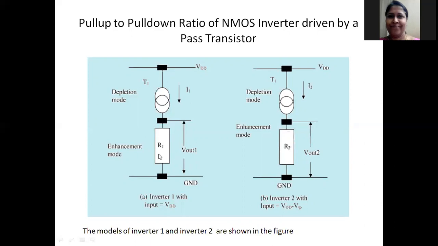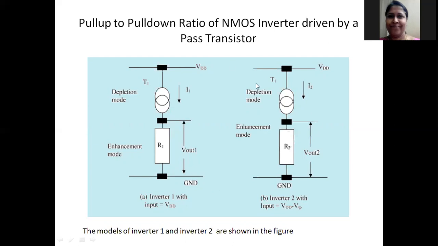What is R1? R1 is nothing but VDS divided by IDS of this enhancement device. So write the expression for IDS of enhancement device, that is the driver, and divide VDS of this by IDS to get R1. Knowing R1, multiply that with I1 to get V output 1.